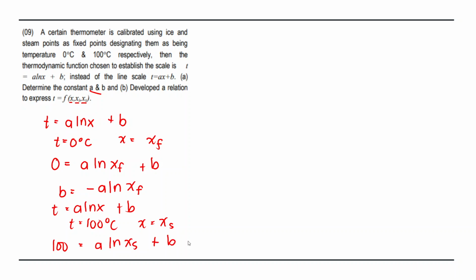So, we can write B, diba, as negative A ln xf. So, 100, substitute na natin, is equals to A ln xs minus A ln xf. Okay, pwede natin i-simplify as 100 equals A ln xs over xf. Okay, ito ay properties ng natural logarithms.